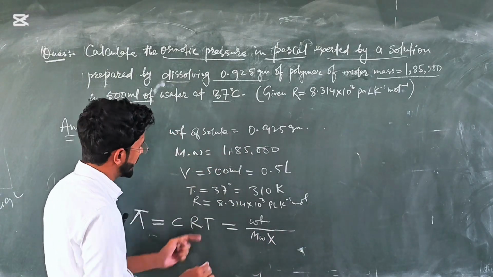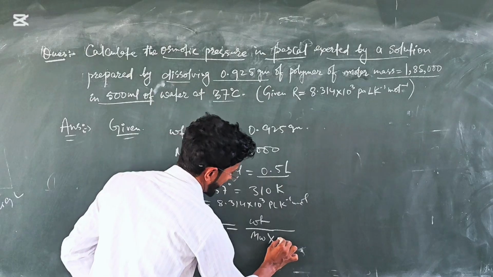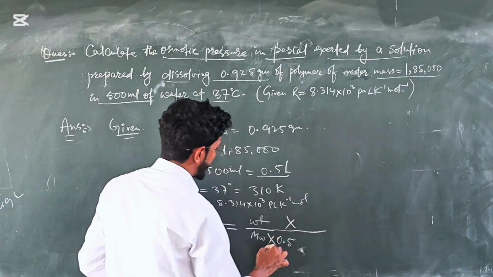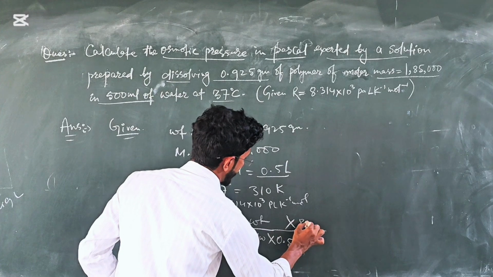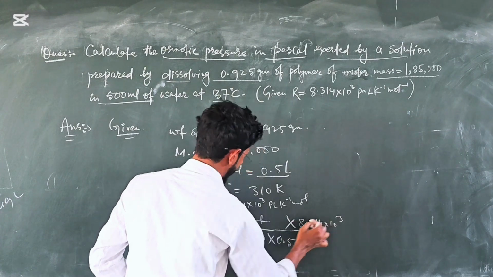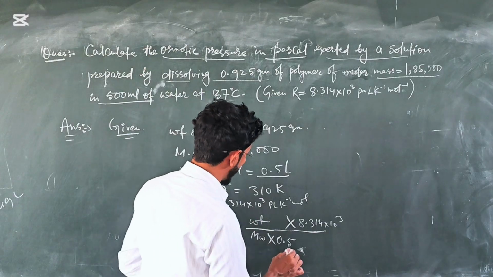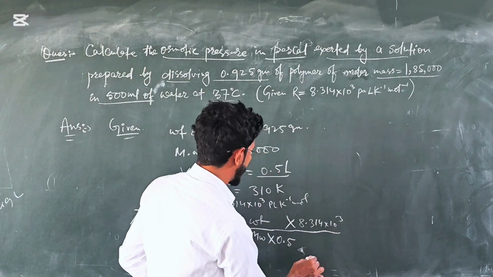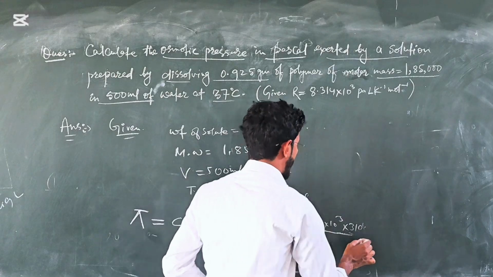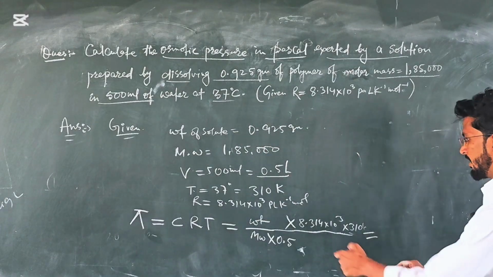The volume is 0.5 liter. So 0.5 into R, where R is 8.314 into 10 to the power 3, and T, temperature, is 310 Kelvin.